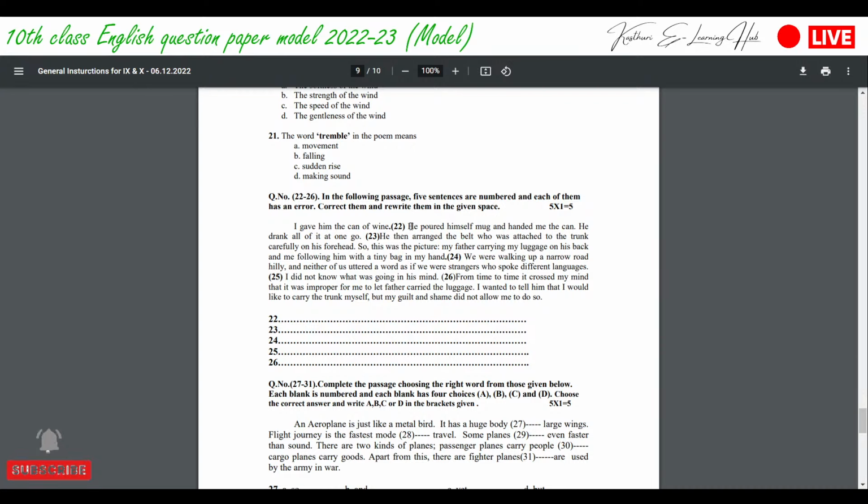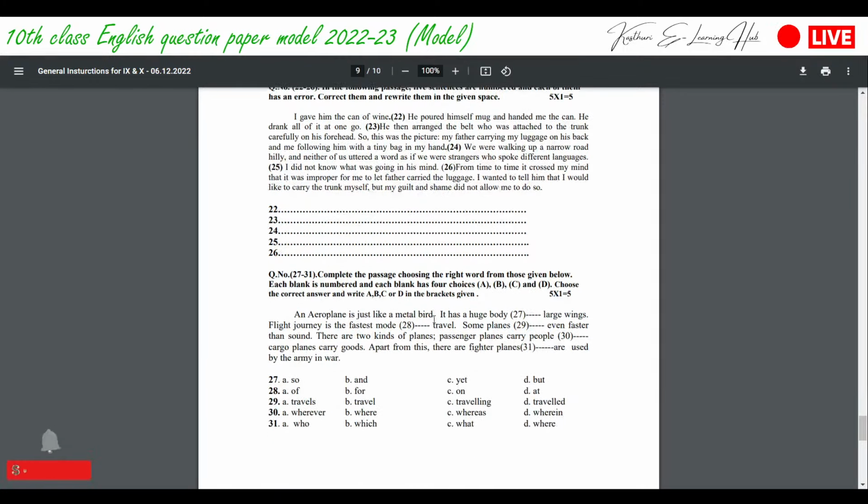Suppose the error is in this sentence, make it correct: He poured himself a mug and handed me the can. Whatever is the correction, make it and write the correct sentence here. The full sentence you have to write. Here ample space is given, so you can utilize this space and write your answer.